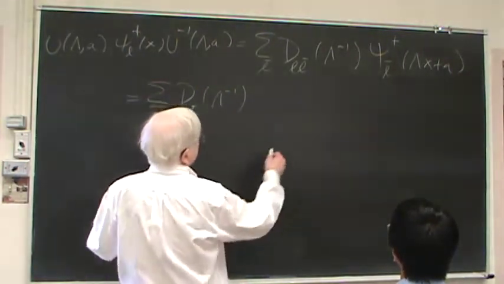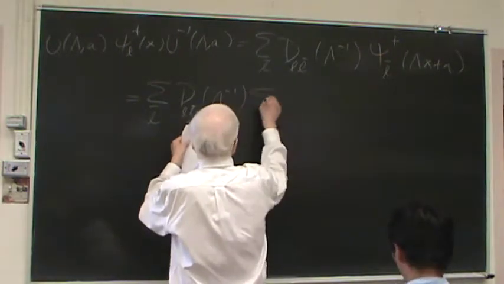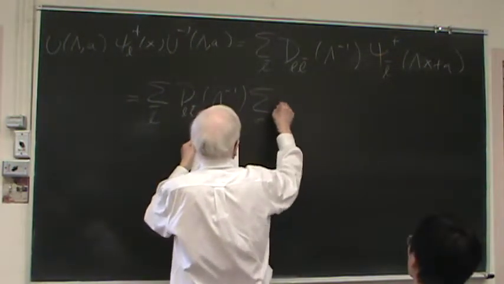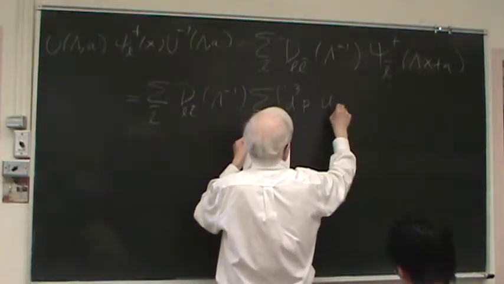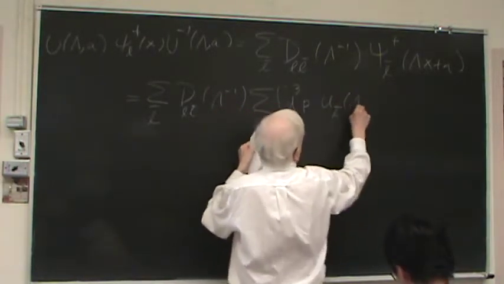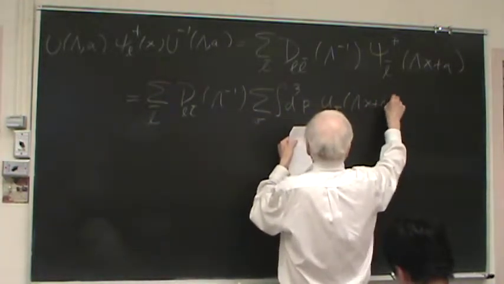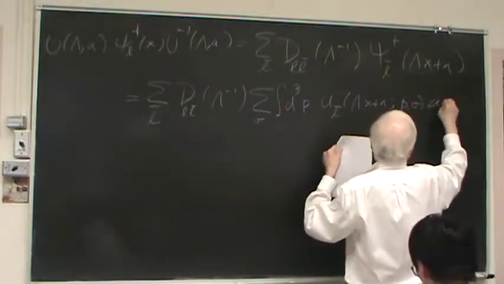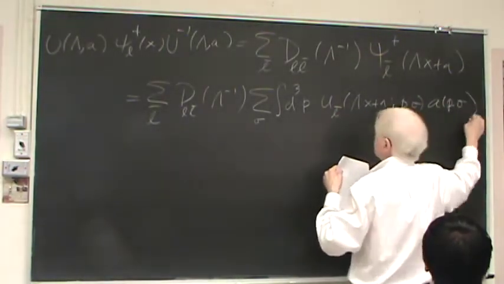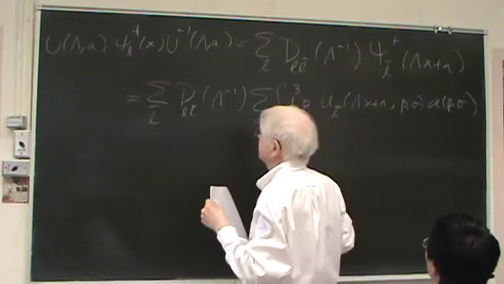And then we know what that is, namely that's a sum on sigma integral dqp, and it would be U^L bar of lambda x plus a semicolon p sigma, and then a of p and sigma. So that's what the right hand is.